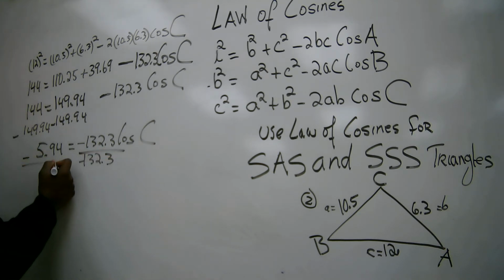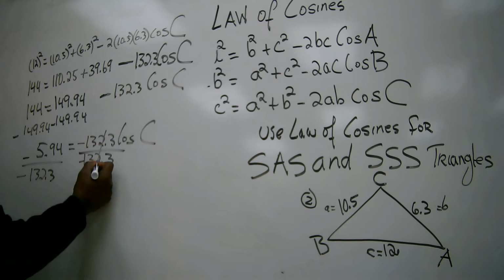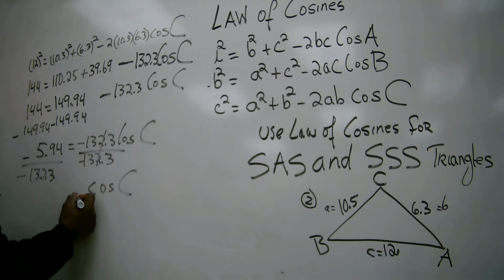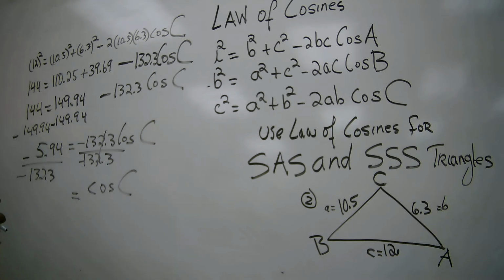You're going to divide two negative numbers. Then that's going to become positive. No matter what you do, when you divide two negative numbers, it's going to become positive.